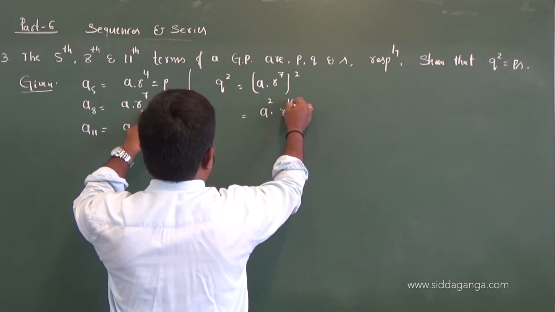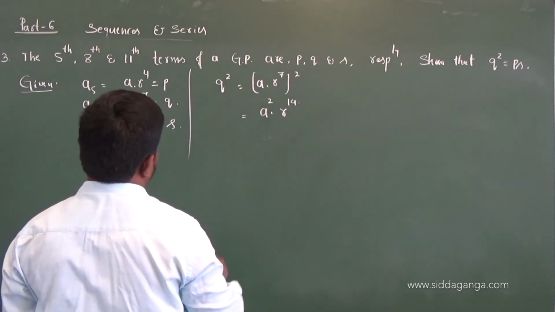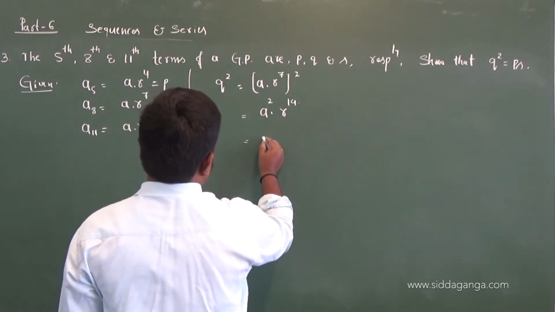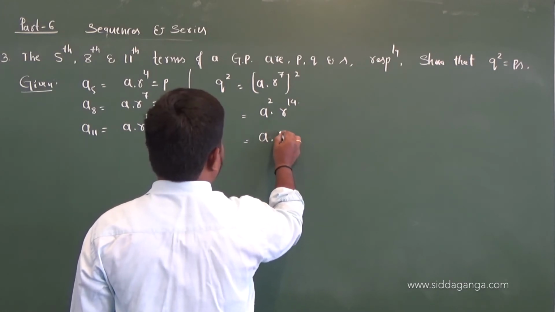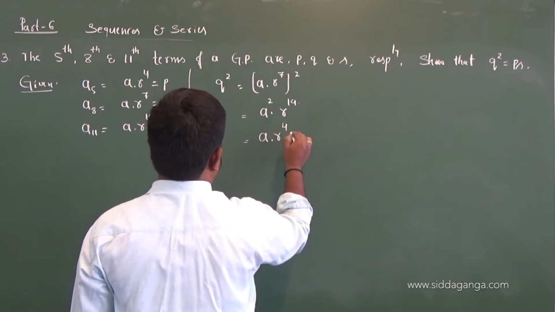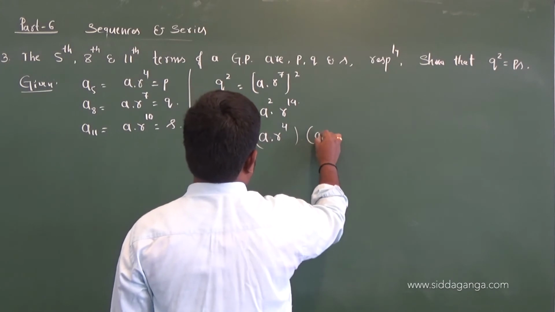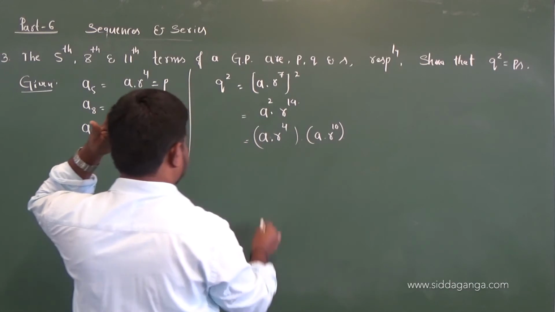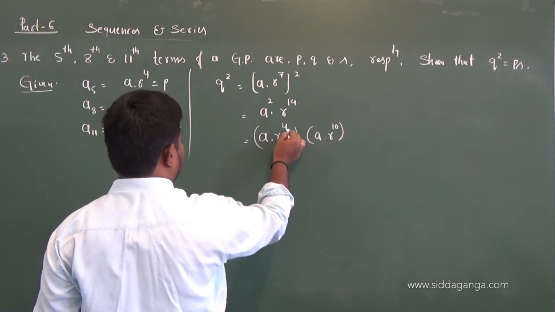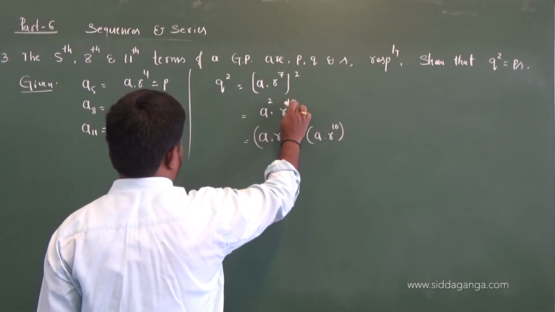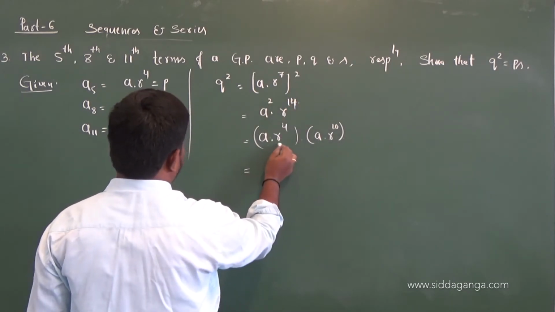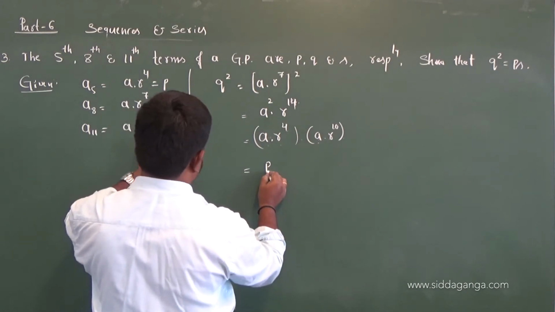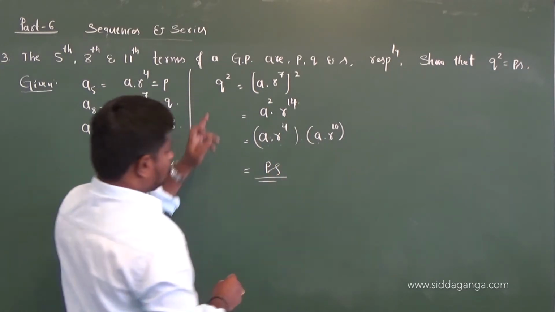Now I am going to rewrite this as A into R power of 4 into A into R power of 10. So A square, R power of 4 into R power of 10 is R power of 14. So A R power of 4 is P, and this is S. Yes, proved. So Q square is equal to PS. Proved. Simple one.